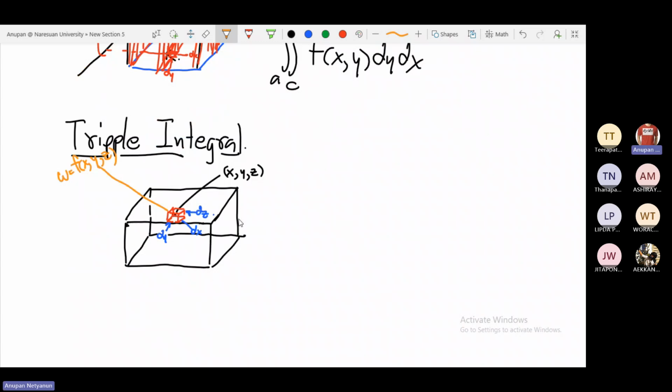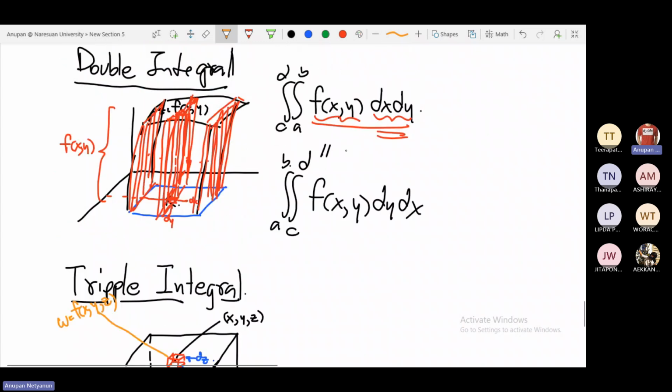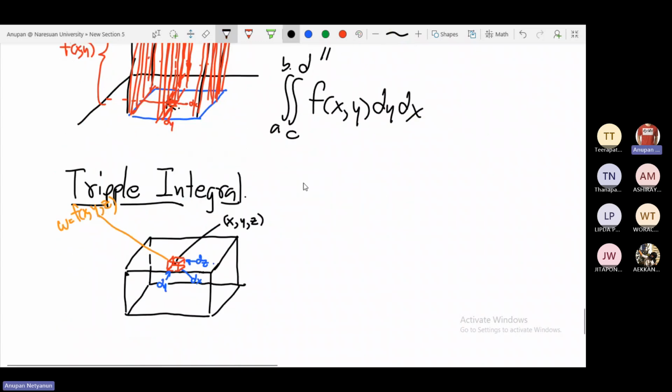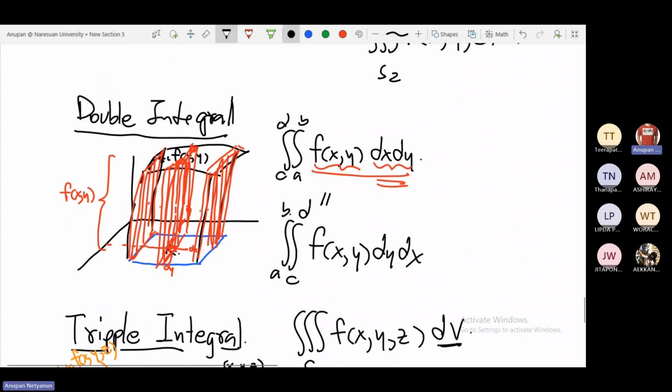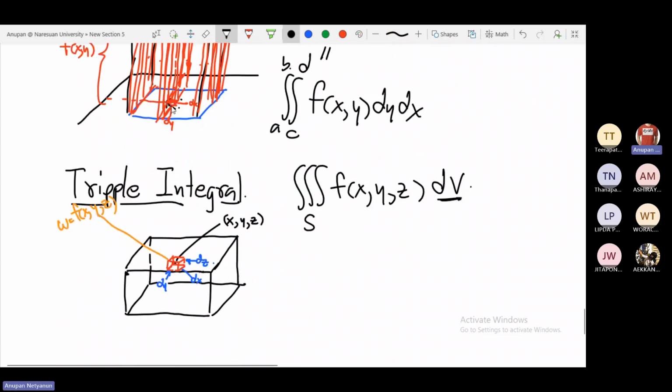If you compare the idea, if you have a triple integration with respect to the solid object, f(x, y, z) dV, your dV here, when you had dA it becomes dx dy, or dy dx, same thing.